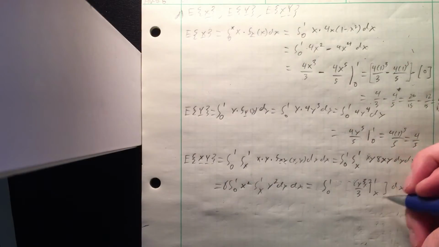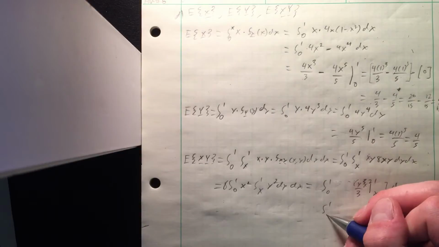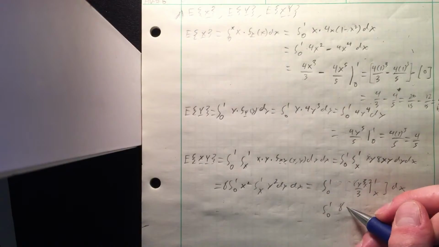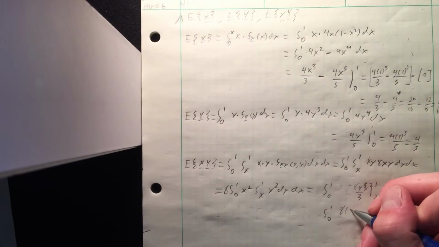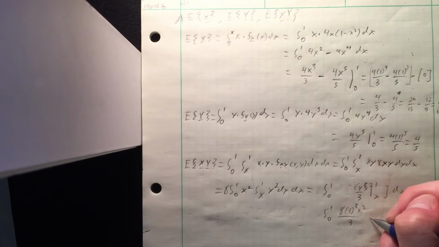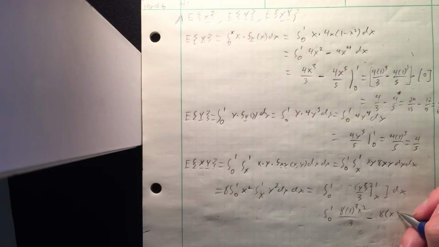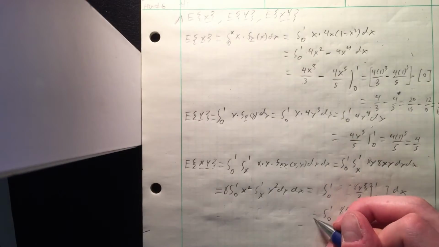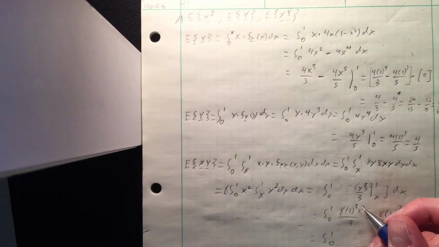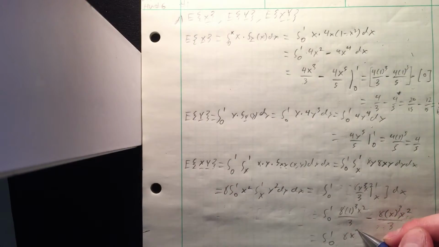X squared from 1 to x. 1 to 0, that will be 8 times 1 cubed x squared over 3 minus 8 times x cubed x squared over 3. So that's 8x squared over 3 minus 8 x cubed to the 5th over 3.